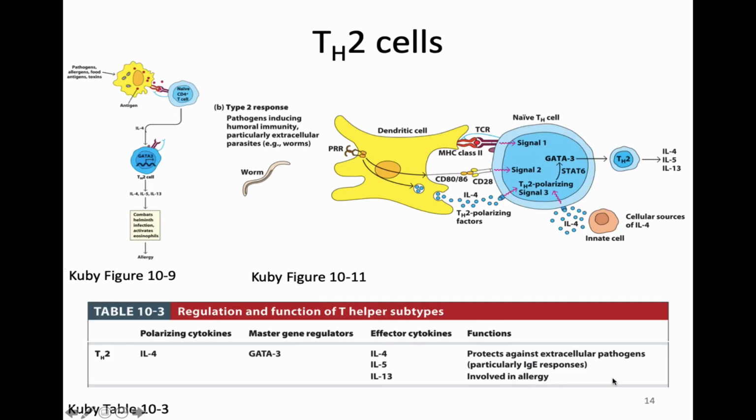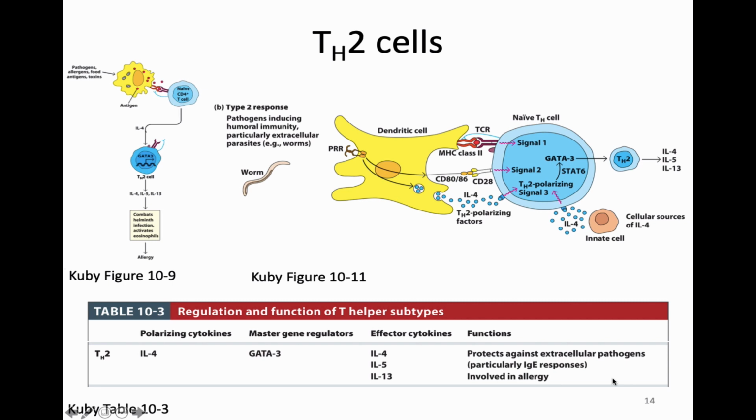At the same time, another subset of helper T cells was described, known as the Th2 cell. The Th2 cell is polarized when a naive T cell receives the cytokine IL-4. IL-4 leads to that naive T cell starting to make the transcription factor GATA3, which is the master gene regulator in this case.